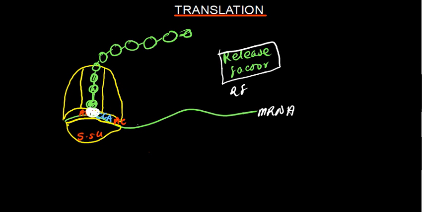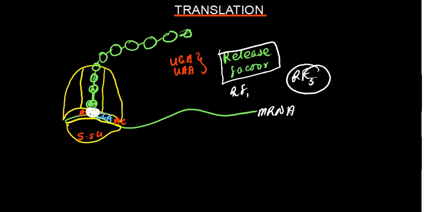There are different types of release factor: release factor 1, factor 2, and factor 3. Let me talk about the function of release factor 3. Its function is to activate release factor 1 and factor 2. Release factor 1 reads the stop codons UGA and UAA, if I'm not mistaken.